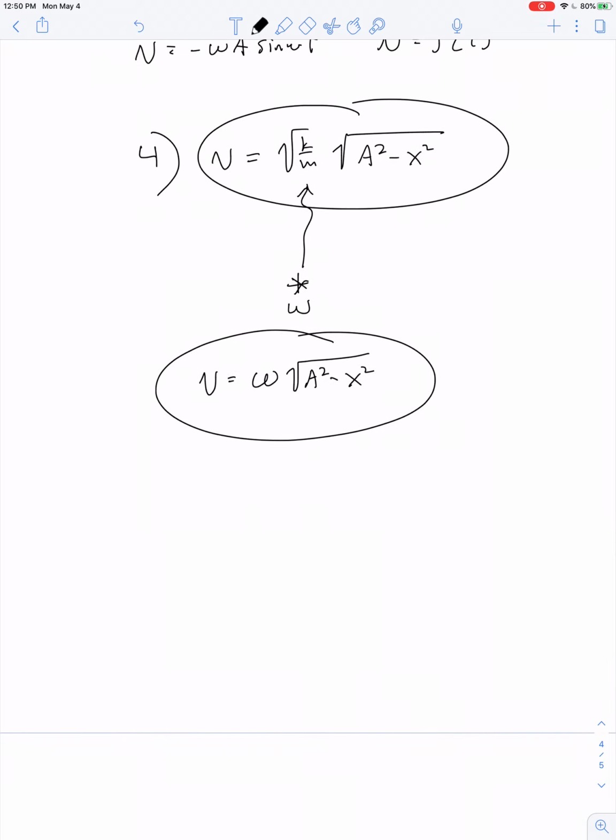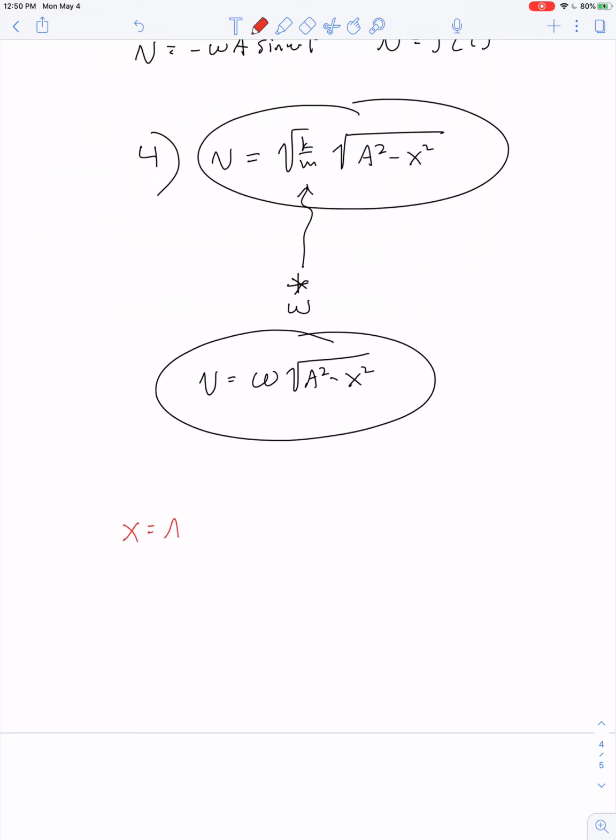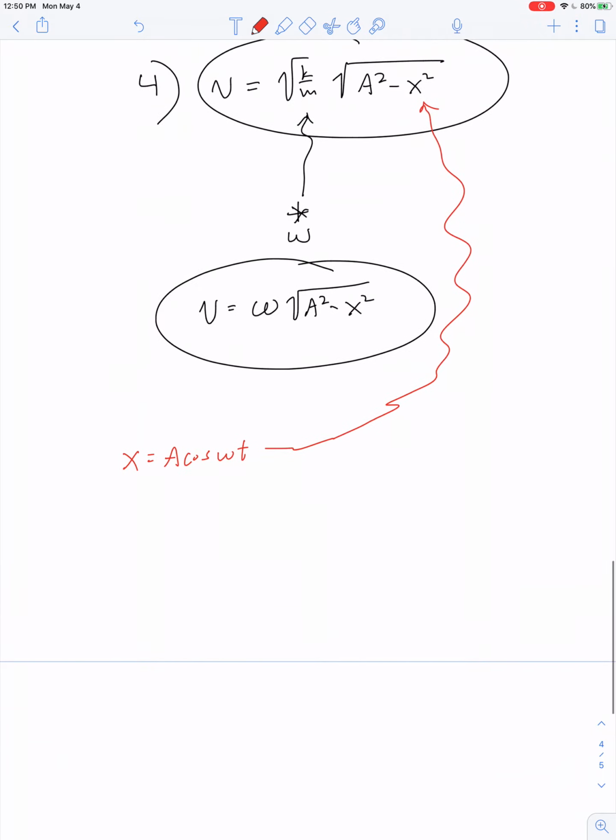Now let's double check this, by the way. If x is a cosine omega t, what happens if we substitute that for x in this equation? Then we get v equals, well, how about we substitute it in this version of the equation?